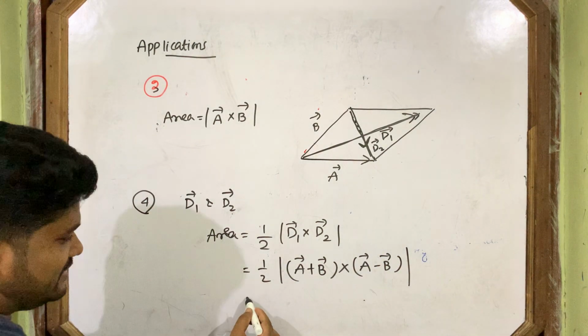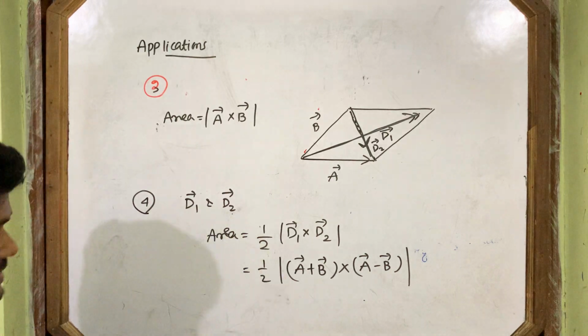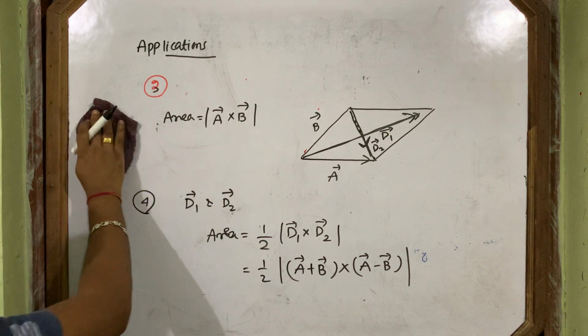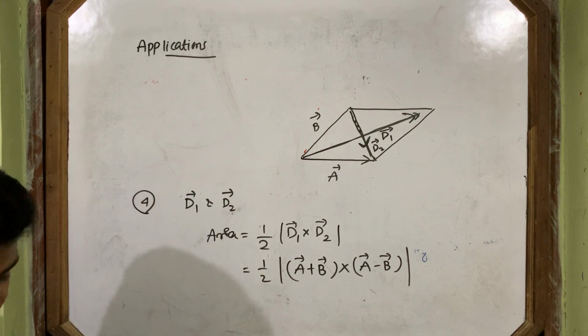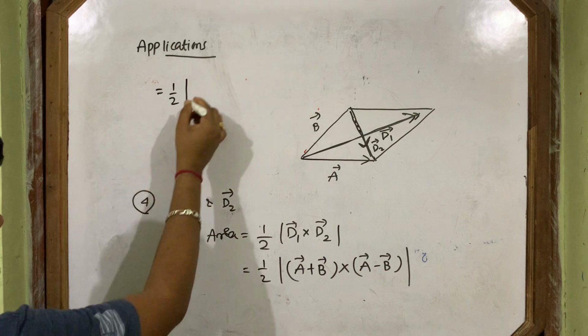This mod. Then it's coming half mod. I am doing it here. Further we will get this formula or not, I will check. Because this area of a parallelogram is equal to half mod.